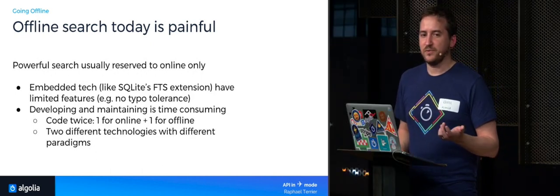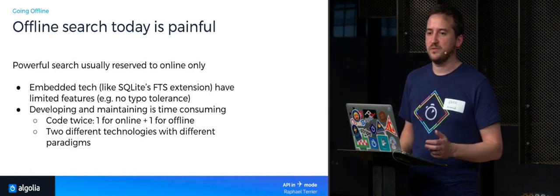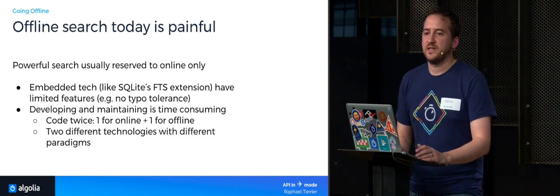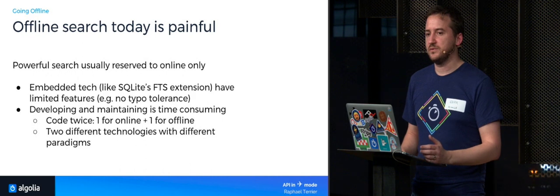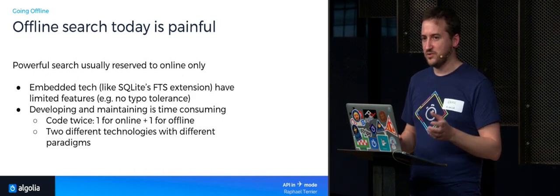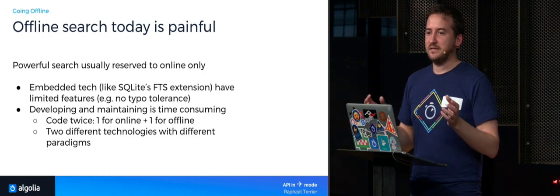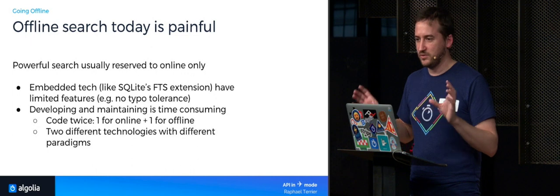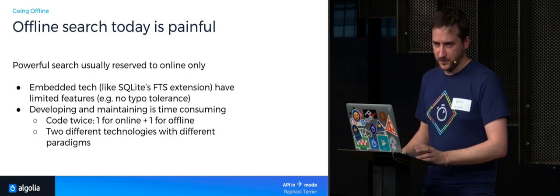Most likely, if you're a mobile developer, you would use something like SQLite with a full text search extension, but this has really limited features, like no typo tolerance, no faceting. Another downside is that you have to code twice, one for the online search and then a second solution with SQL for the offline. So you have to maintain two parts of the code, two different technologies. That's really painful.